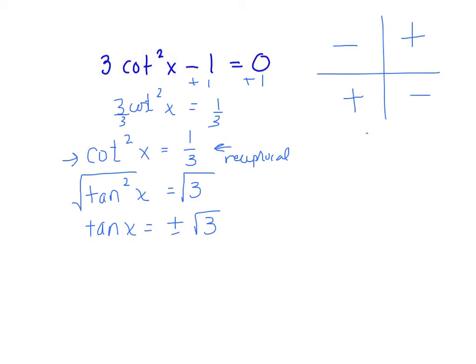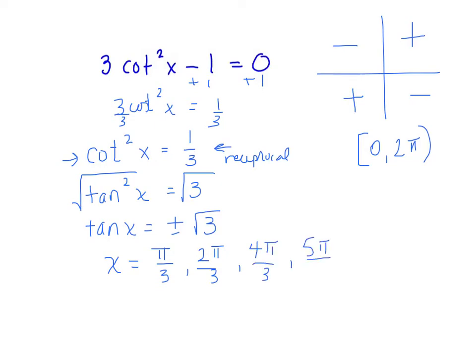So this is going to give me 4 angles between 0 and 2 pi, not including 2 pi. So I know that the angle in the first quadrant, since this is square root of 3, is going to be pi over 3. And then I want to write the pi over 3 angles in all four quadrants. And so that's my answer for that.